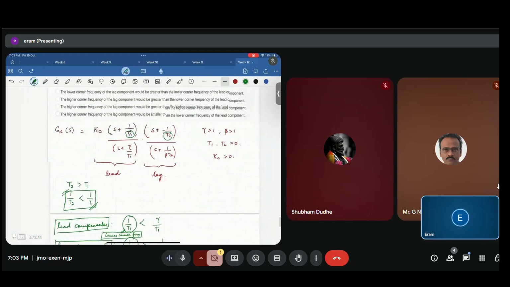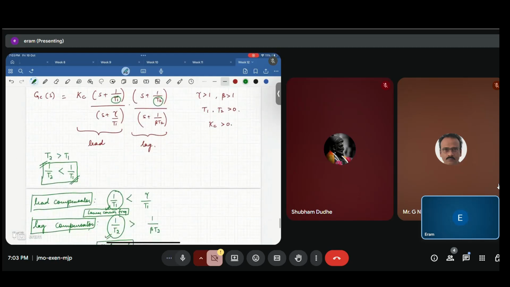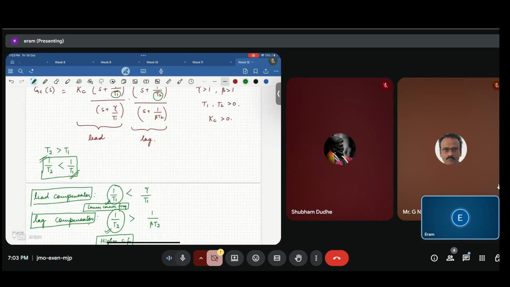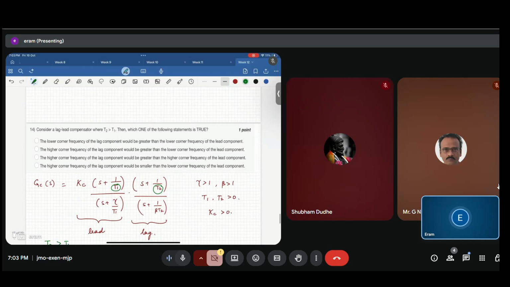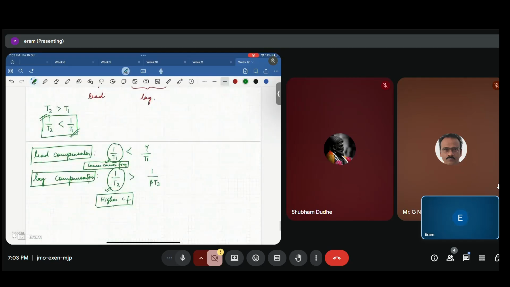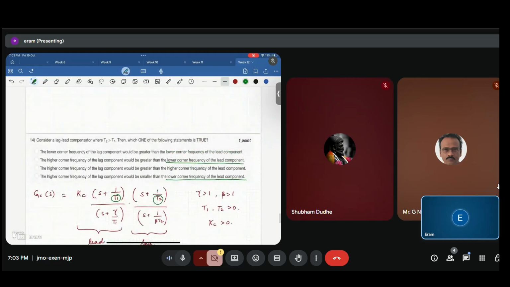Now let's read the options. What we concluded is the lower corner frequency of the lead compensator. So the lower corner frequency of the lead compensator is here and here. And we have the higher corner frequency of the lag compensator, which is in these two options.